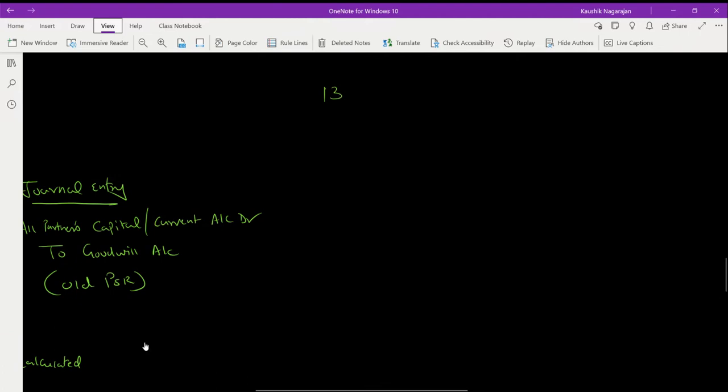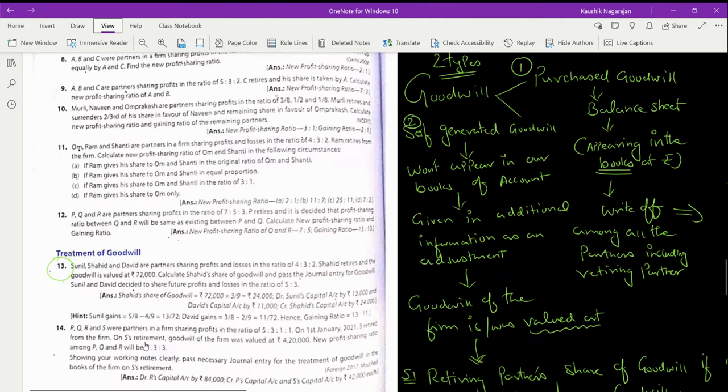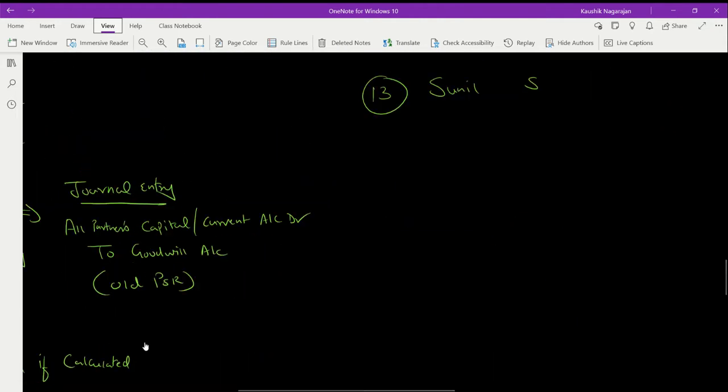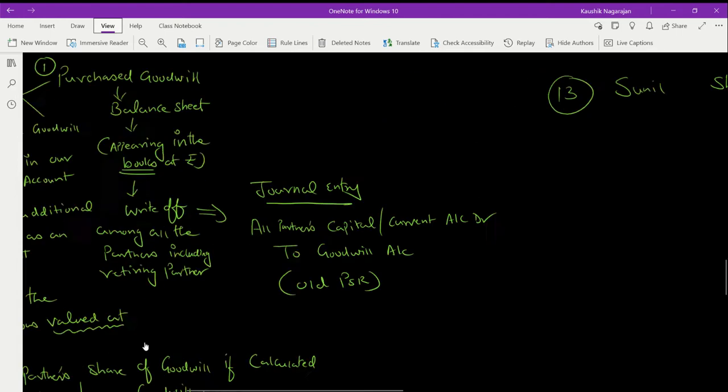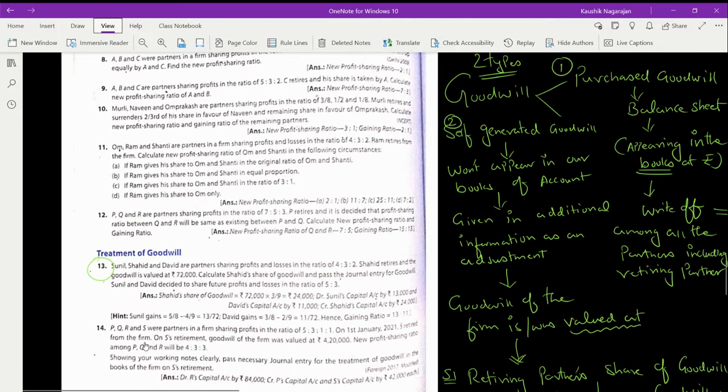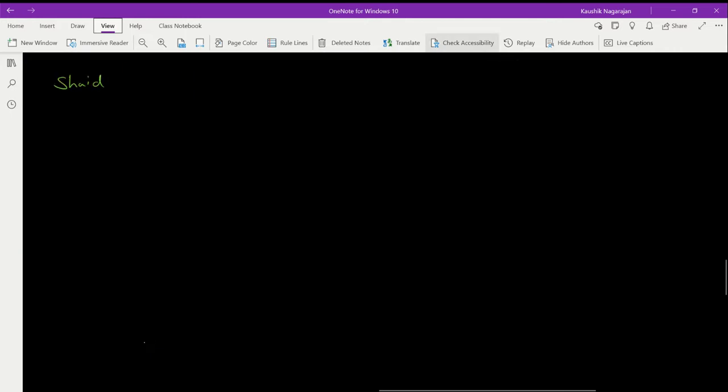Problem number 13. So we have three partners, namely Sunil, Shahid, and the third partner named David.